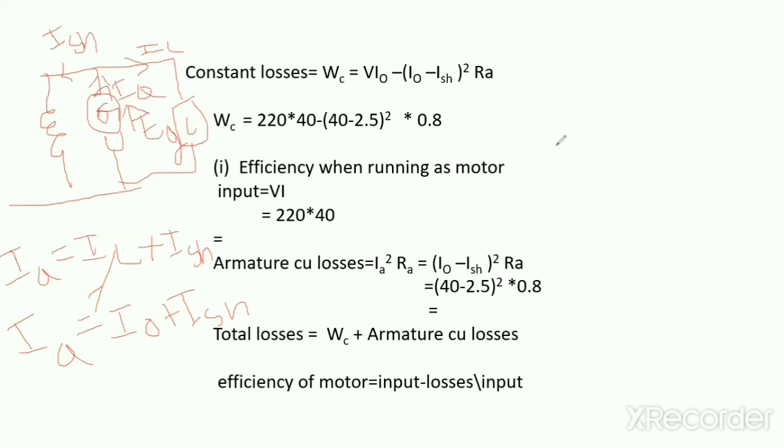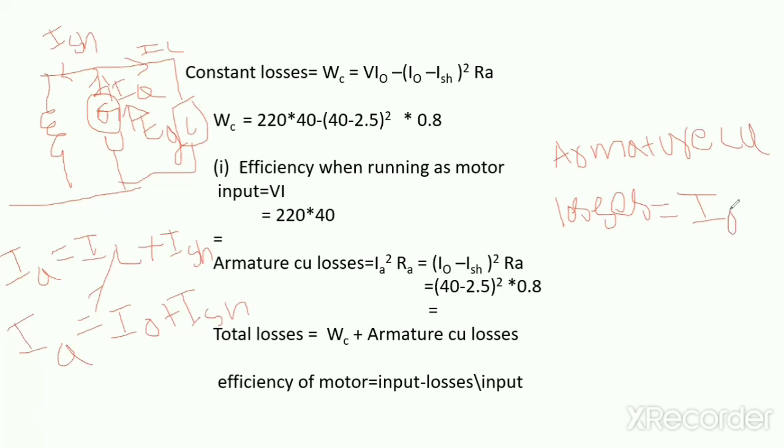Then we calculate the armature copper losses in the case of a DC generator. What is the formula for armature copper losses?